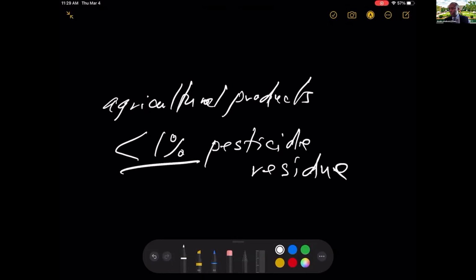I'm just making this up, but let's say less than 1%. Then the fruit or the vegetables come in, they're tested by scientists, and they determine whether or not that product can get in.